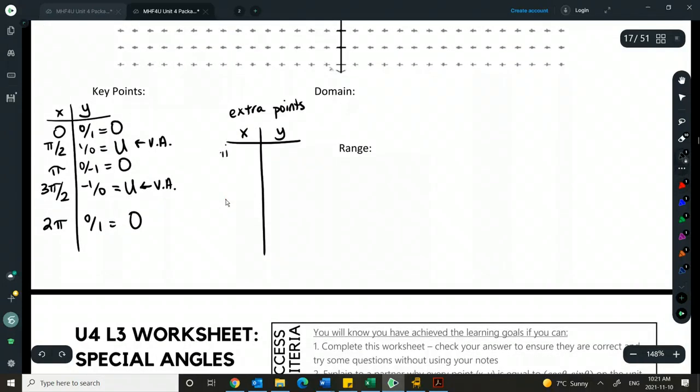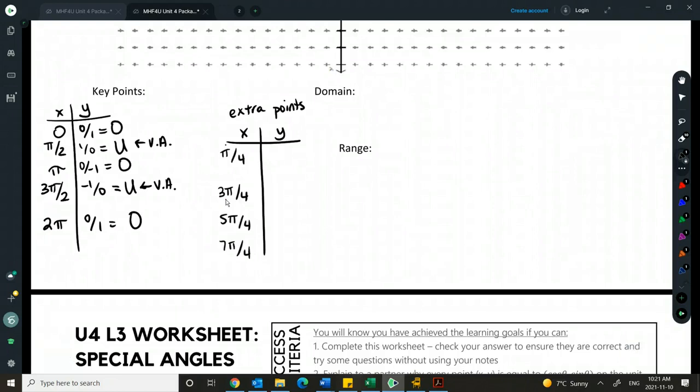It will be pi over 4, 3 pi over 4, 5 pi over 4, and 7 pi over 4. And when I do y over x, I do root 2 over 2 over root 2 over 2, and I just get 1 from that. So tan of pi over 4 is 1. 3 pi over 4 is in the sine quadrant, so I should get negative 1 for this one. 5 pi over 4, tan quadrant, I should get positive 1. And 7 pi over 4 is in the cosine quadrant, I'll get negative 1 for this.